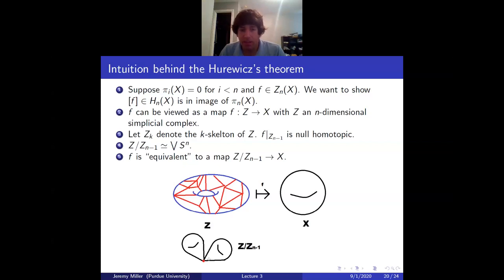The one skeleton of the torus maps to some loops in X, which you can all collapse down to a point, and you can use that to say that your map from a torus in homology is really equivalent to a map from a wedge of spheres. And that's how you sort of show that it's in the image of the map from homotopy to homology.